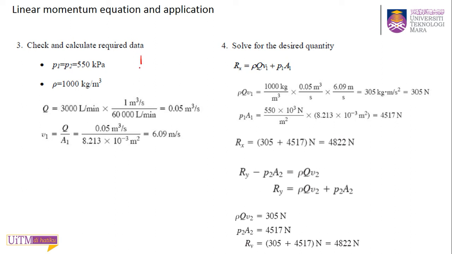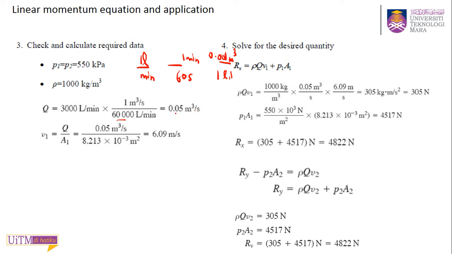Liter per minute: 1 minute is 60 seconds, and 1 liter to meter cube is 0.001. That's why you get 60,000. So that's how you change liter per minute into meter cube per second.